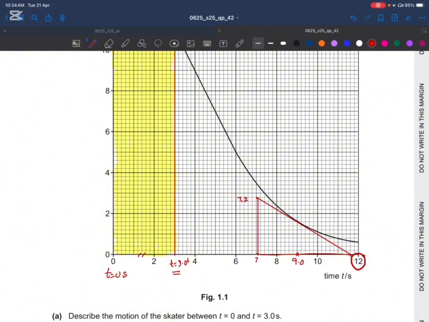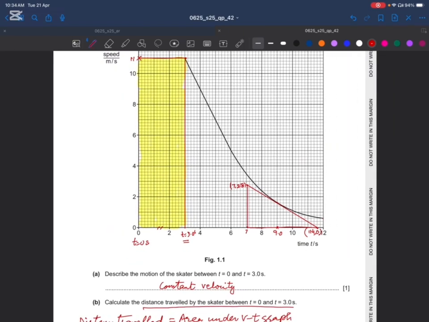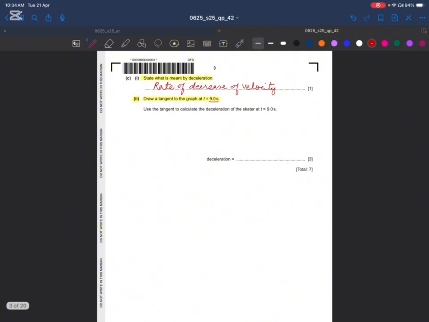So 7 and 2.8. On the other side, what you have 11.4 and what is the value of the coordinate for y-axis? 0. So simply you can do a very simple calculation, as I said, that the gradient is required. So what you are doing here, a is equal to v minus u divided by t2 minus t1.